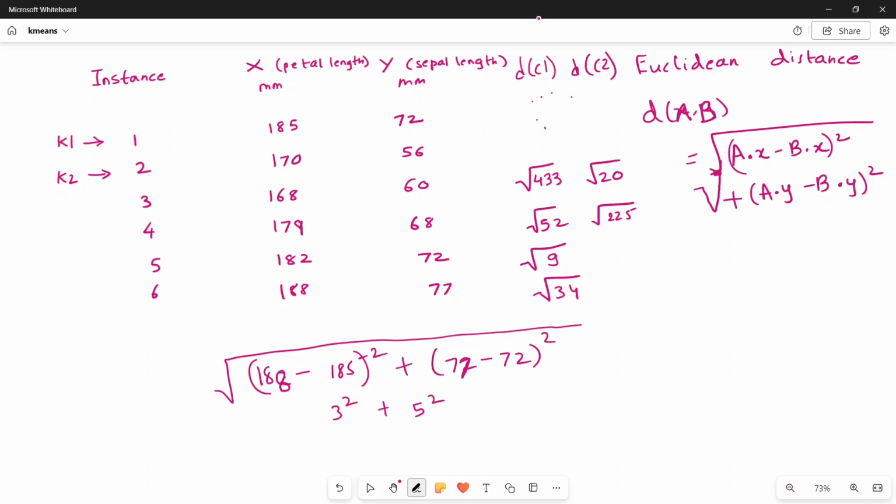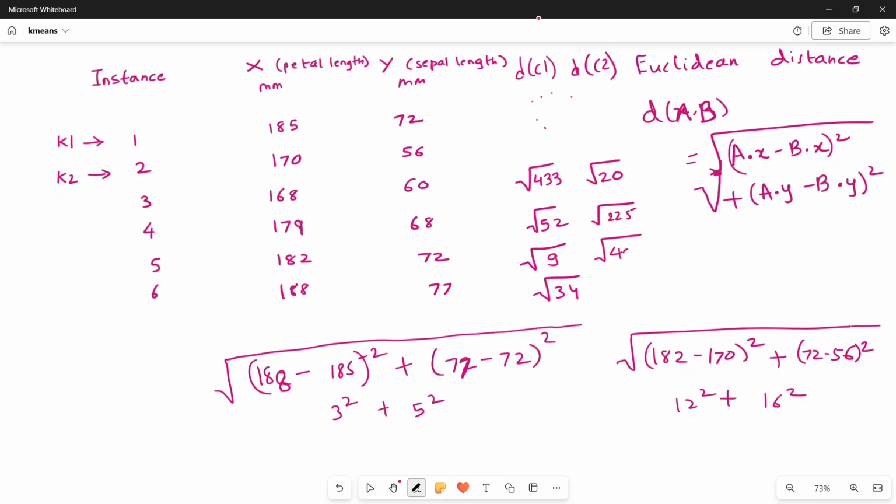Similarly, when I am calculating for this one, I do 182 minus 170, because K2 is the centroid. When I say distance from a cluster, I mean distance from its centroid. So 182 minus 170 square plus 72 minus 56 square. This is 12 square plus 16 square, which comes out to be 400.